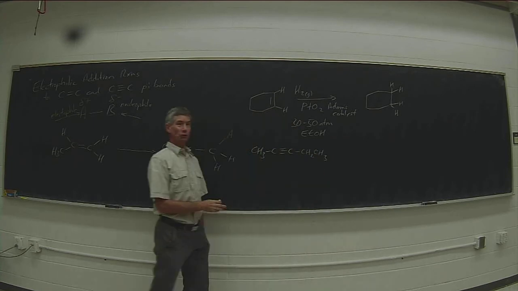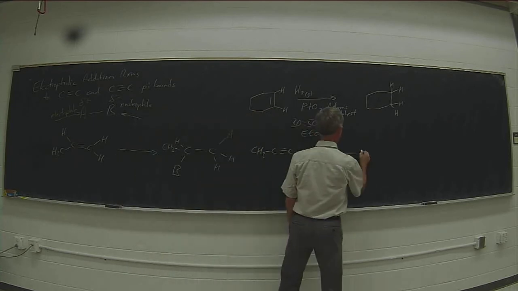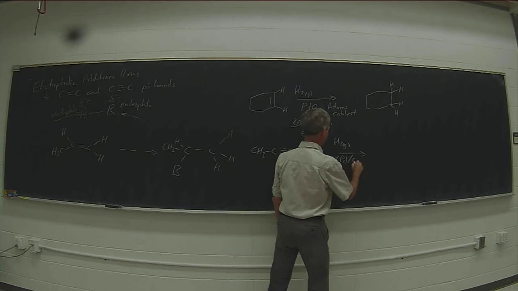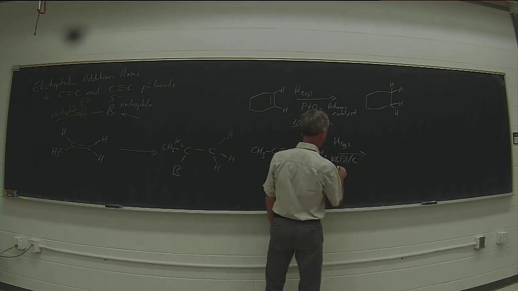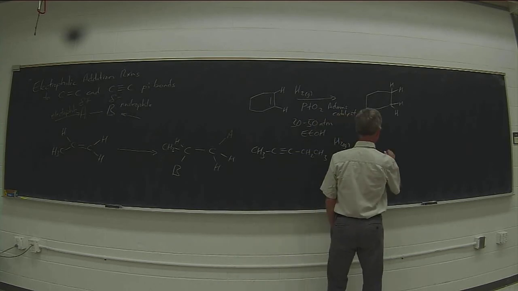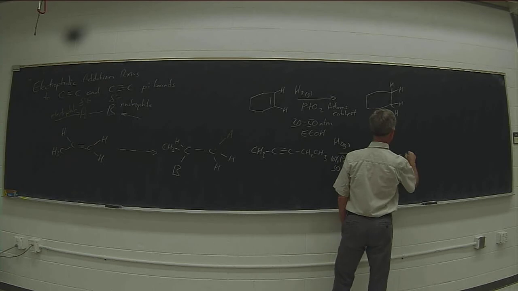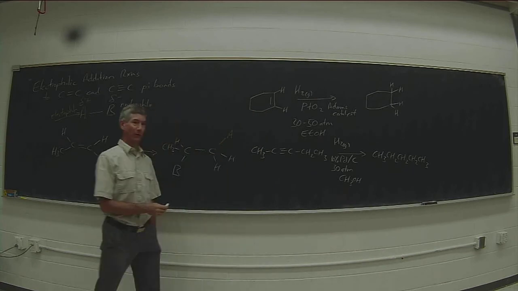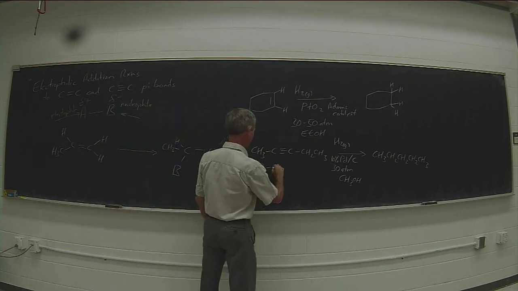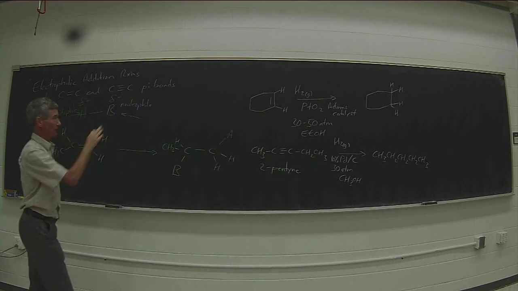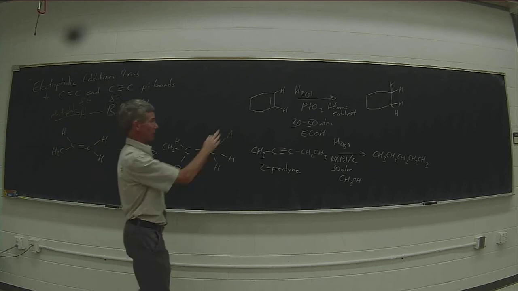If you have a triple bond, the same set of reaction conditions will reduce it to an alkane as well. So if we were to take 2-pentyne and react it with our hydrogen gas, some kind of nickel triad catalyst like 10% palladium on carbon, at an elevated pressure in a solvent, usually an alcohol, we can add 2 moles of hydrogen across that carbon-carbon triple bond and convert 2-pentyne into pentane, just as we can take cyclohexene and convert it to cyclohexane.